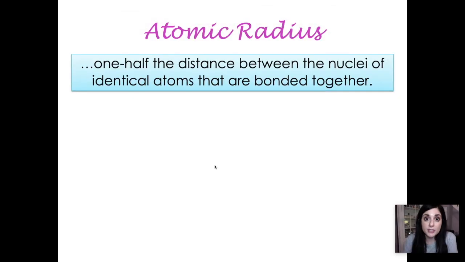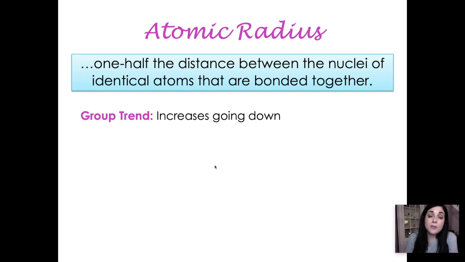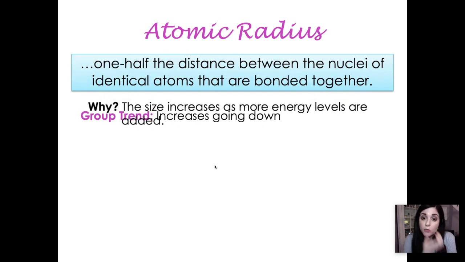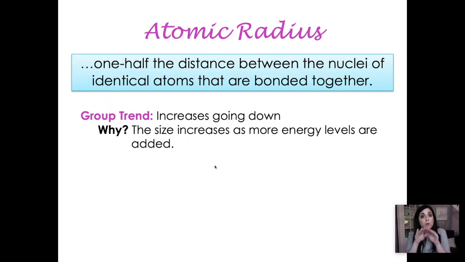So what are the trends? Well, atomic radius is going to increase going down a group. As I go down the alkali metals or down the halogens, you'll see that atomic radius increases. Why do atoms get larger as you go down a group? Well, as you go down a group, you're adding more shells around that nucleus.